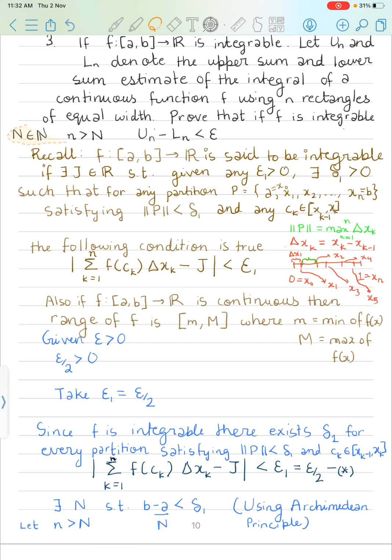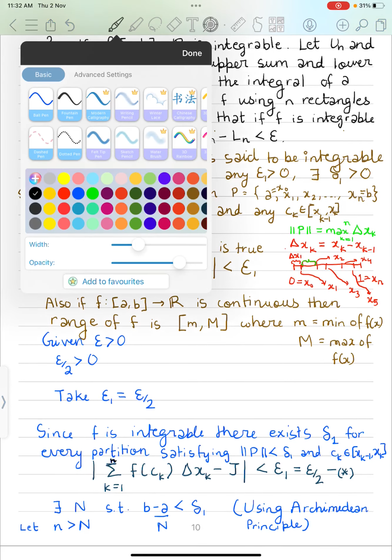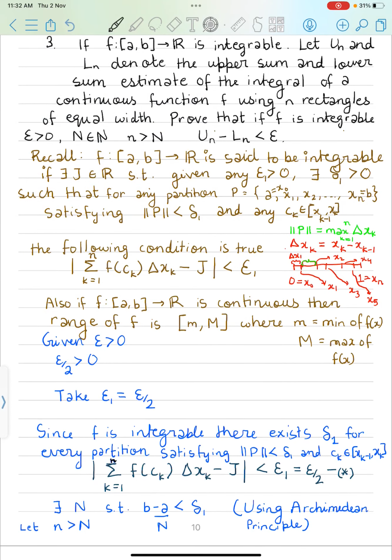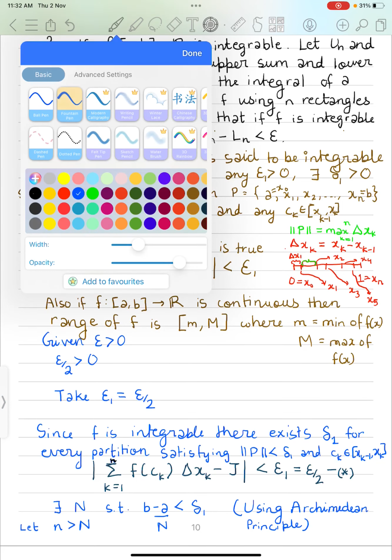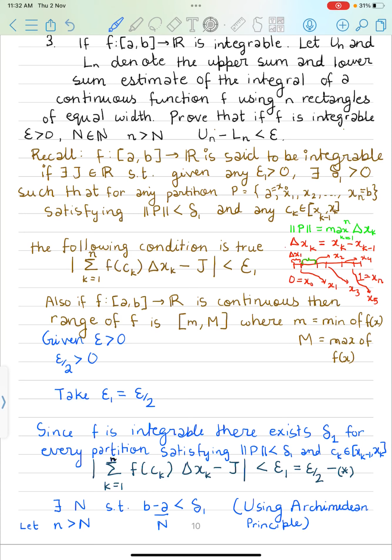I should have written the complete question. Just hang on. So for any epsilon, we have to show this condition.